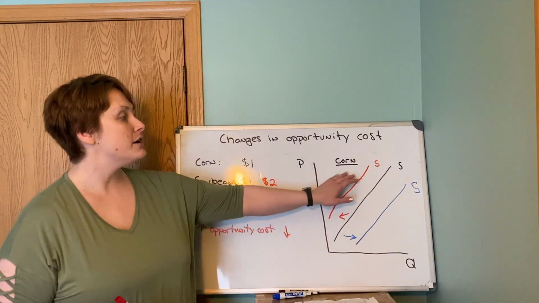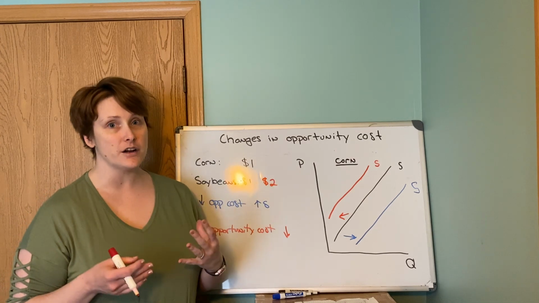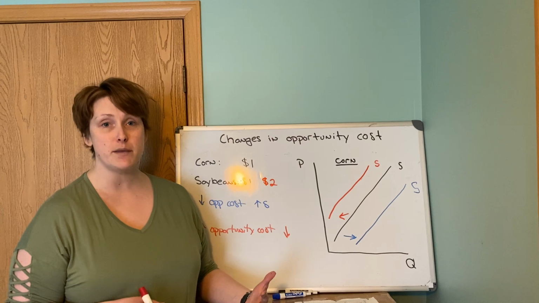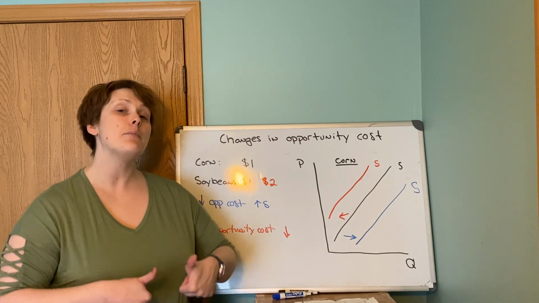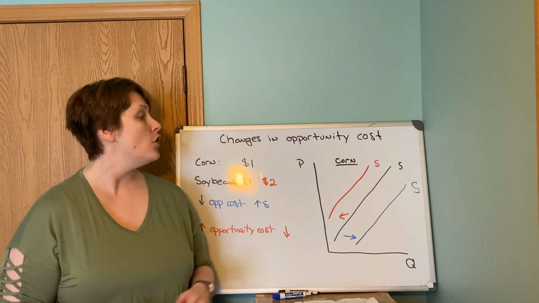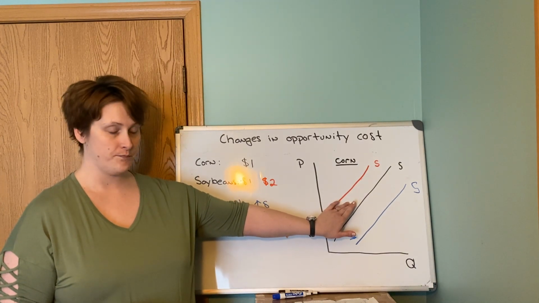So now everybody that's growing corn and only selling it for $1 is missing out on what they could be earning by selling soybeans. So as their opportunity cost of growing soybeans increases, we're going to see a decrease in the supply of corn.